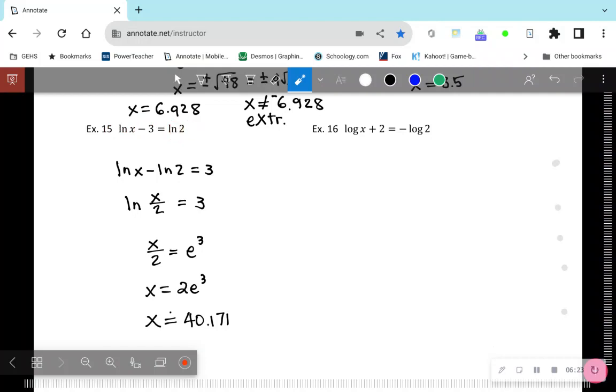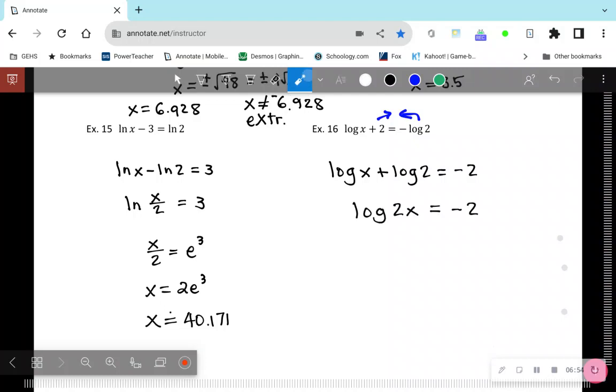Okay, last example here on the note set. We've got to get the plus 2 on the other side of the problem. And then we'll do something similar with this. In other words, we're going to take this over to the right and this over to the left. Let's see what that looks like. Okay, now with a plus sign between those logarithms, you know that the product rule says that that's going to be multiplication.